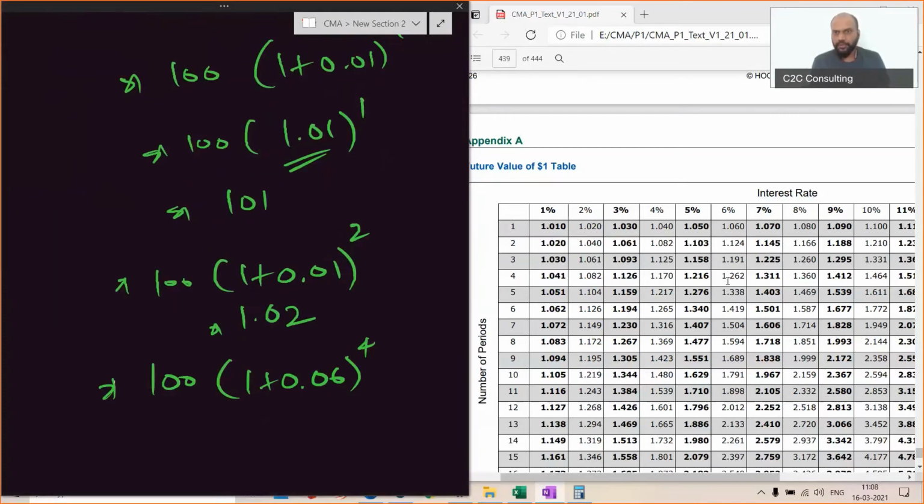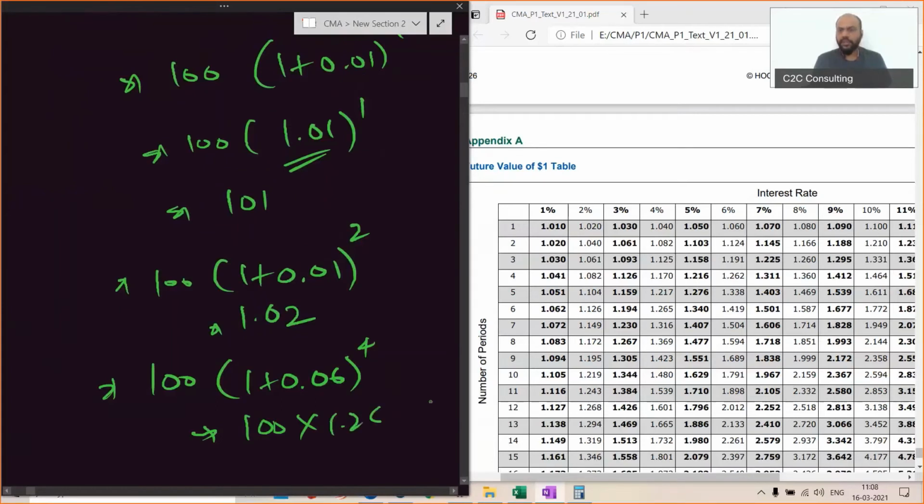It says 1.262. How did this come? So I can multiply 100 into 1.262. I'll get to know my lease rental for the next 4 years, how much I'm remitting. So that's what this means.